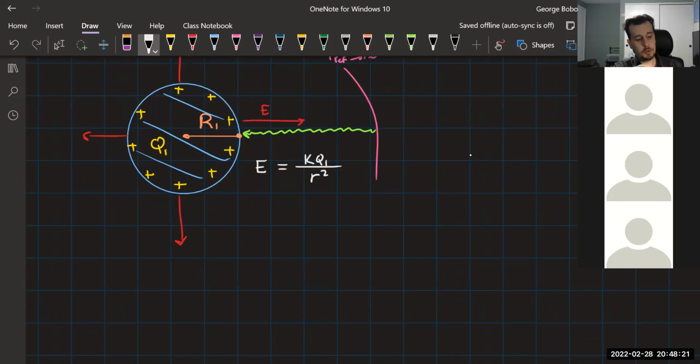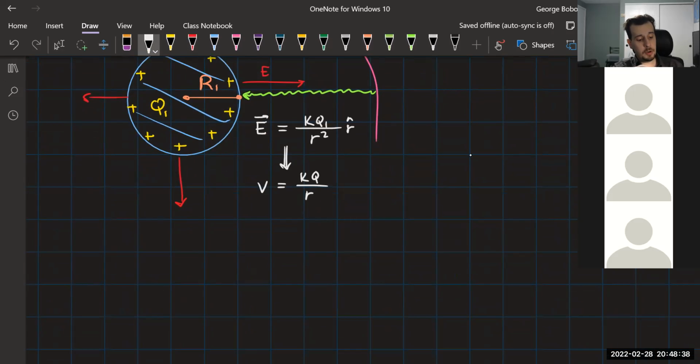And so, when you have this electric field and you're trying to find the voltage, if I do the integral for the voltage, you've seen the result before. I'm just going to write it down. That's what you get. And I want to find what the potential is exactly at R1. What's the only thing I have to change on the right?